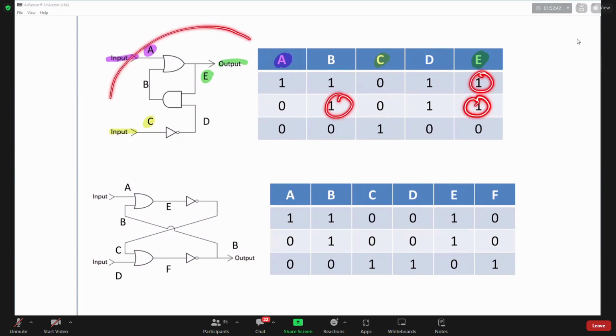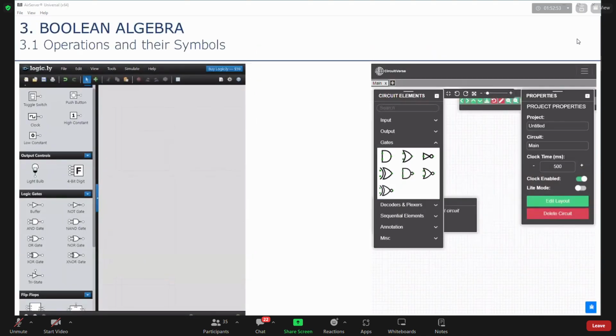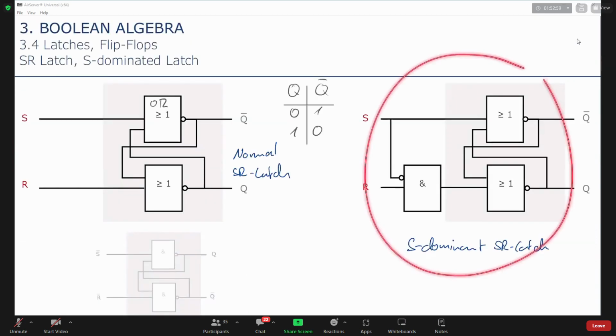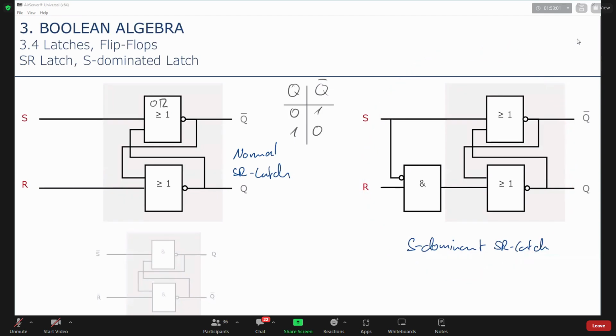So what we have there is a way of how to realize an SR flip-flop. So that's a lecture as well. You remember in the lecture, we addressed that type of realization for an S-dominant SR latch with 2 OR gates.